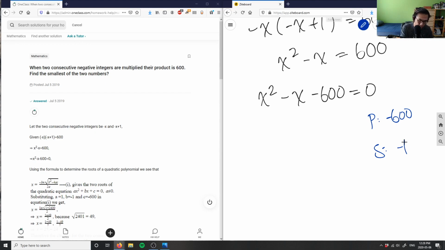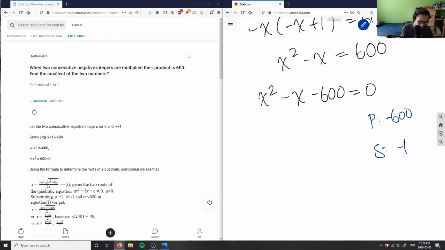Maybe 300? What about 90? Would 90 be of help? Nope, not really. If I can't factor this, I'm going to have to resort to the quadratic formula.